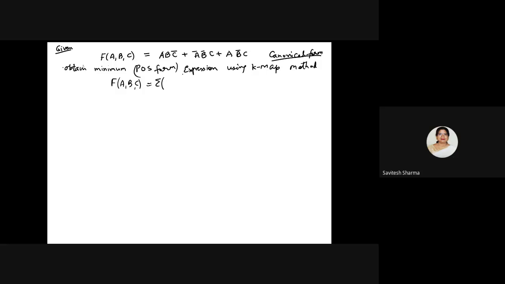Every time I used to get the function in the form of either sigma or pi. So if you know the sigma, you can easily map. If you know the pi, you can easily map, right? So in any form, you just directly try to find the min terms or max terms.